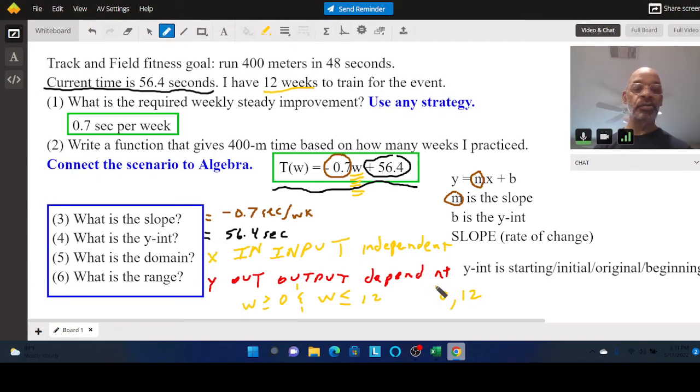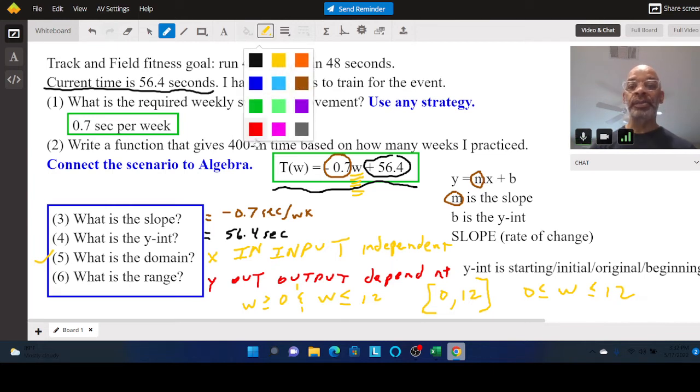Since you can have a value of 0 for the input, you'll have a bracket, and since you can have a value of 12 for the input, you have a bracket, 0 to 12. That also looks like 0 will be less than or equal to my weeks of training, and my weeks of training will be less than or equal to 12. That takes care of the domain. And what does it mean? I can train as few as 0 weeks, I can train up to 12 weeks.